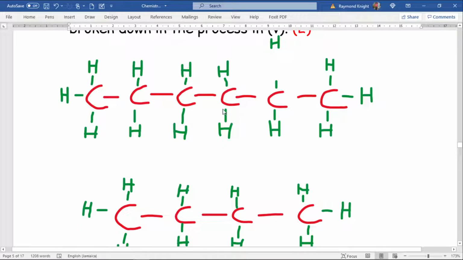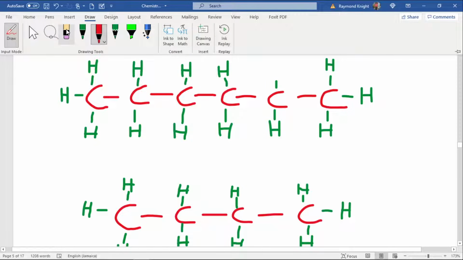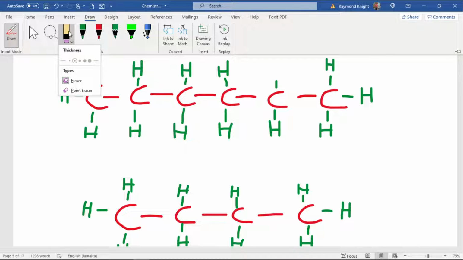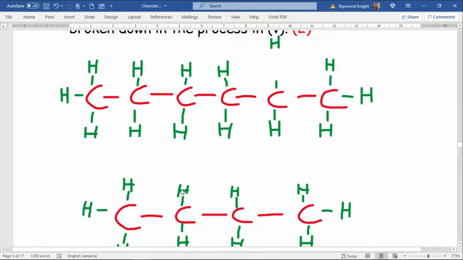So what I'm going to show you right here, I'm going to take off some stuff because one of them must be unsaturated. To be unsaturated, because unsaturated simply means that you have a double bond, I'm going to make a double bond right here.